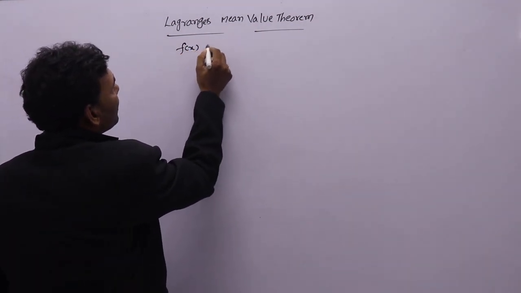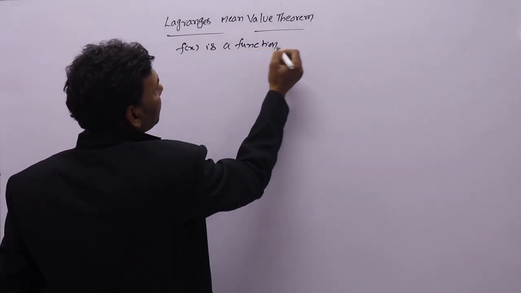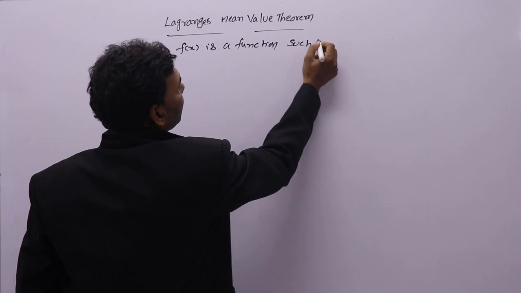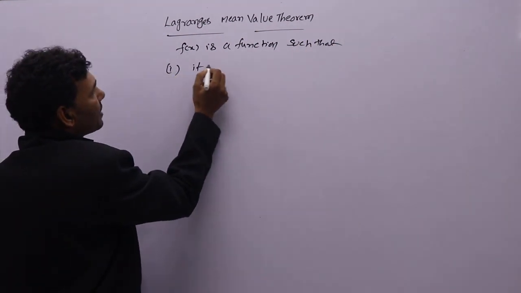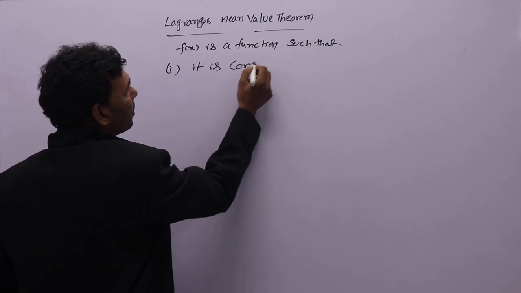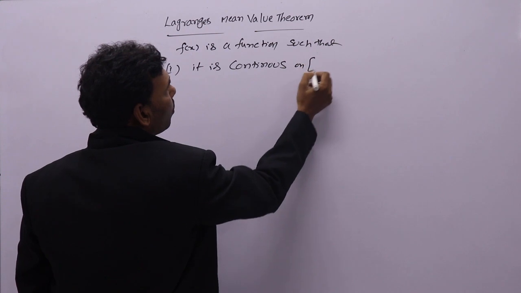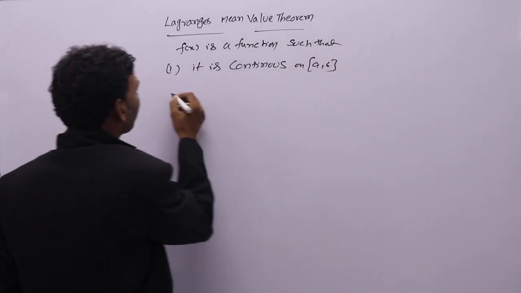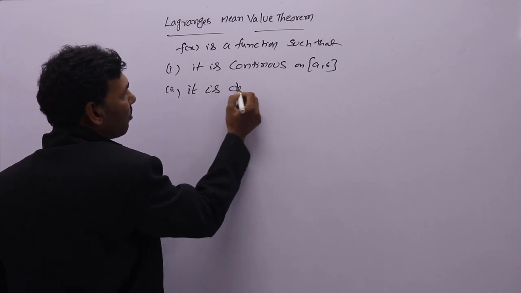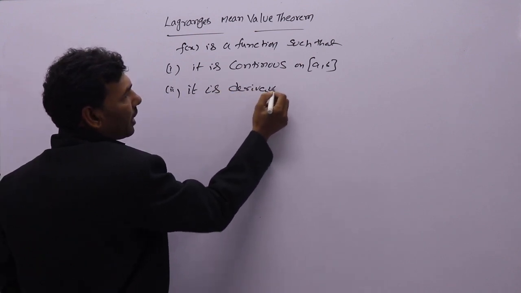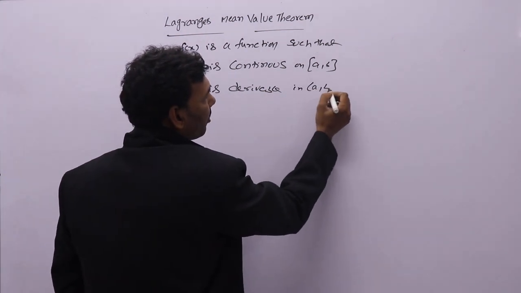f(x) is a function such that it is continuous on the closed interval [a, b], and it is derivable in the open interval (a, b).